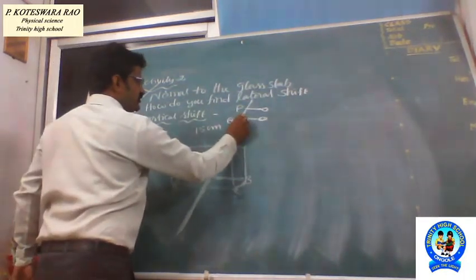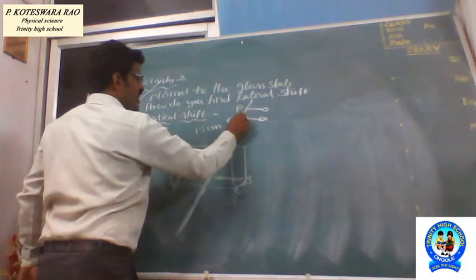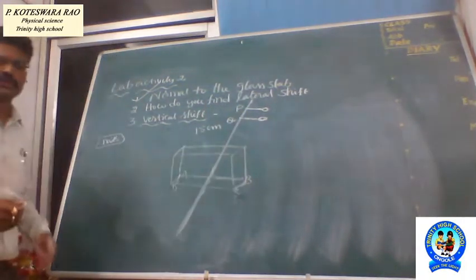Now we want to touch this line, and this point is noted down as Q.